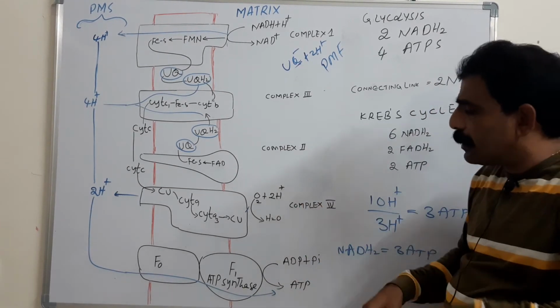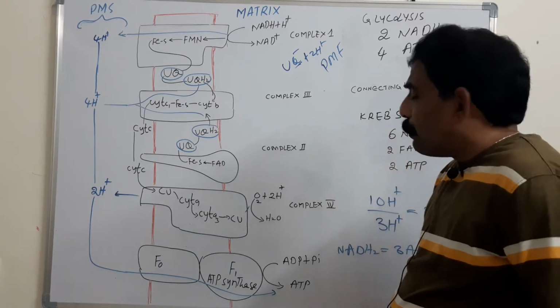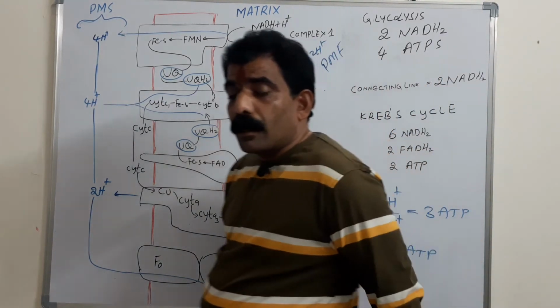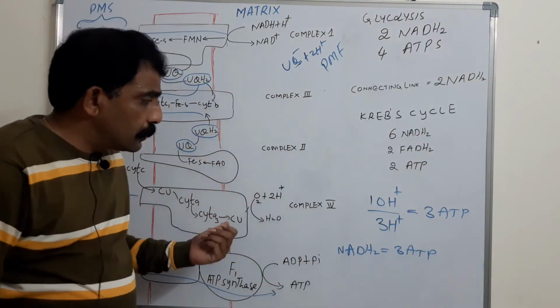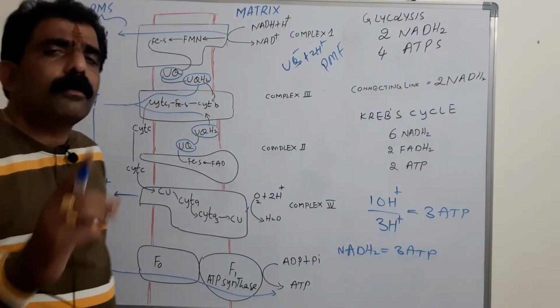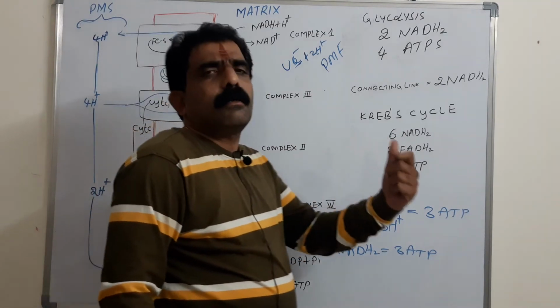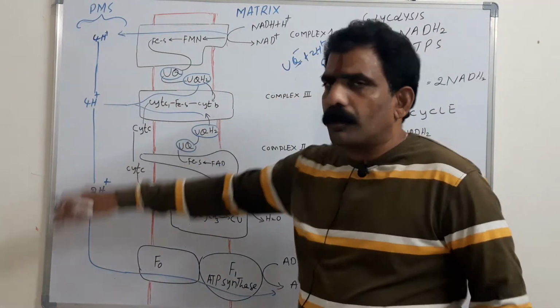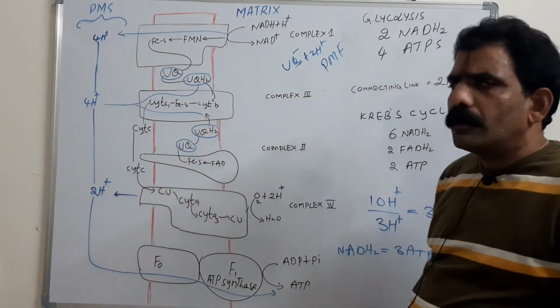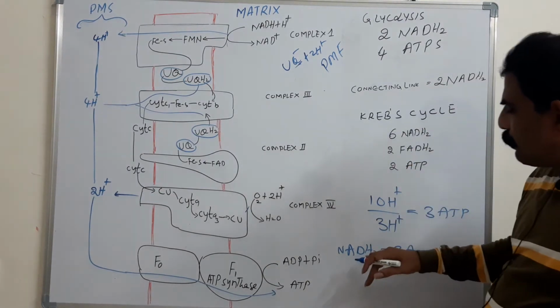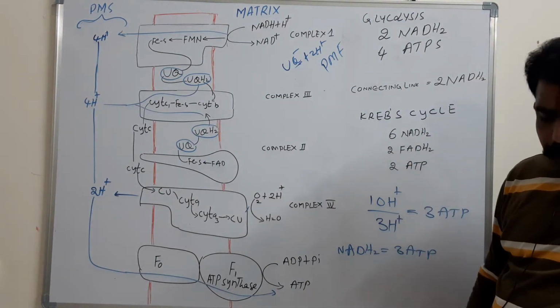By using that kinetic energy, ATPs are synthesized. Minimum 3 protons should flow back into the mitochondrial matrix to form 1 ATP. So during the oxidation of an NADH2, 10 are pumped out, all 10 flow back, and 3 ATPs are formed. That is why 1 NADH2 equals 3 ATPs.